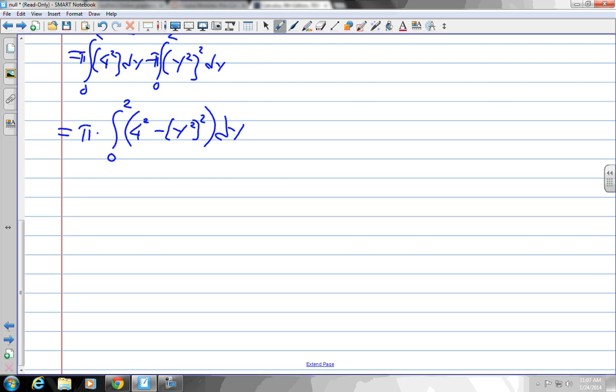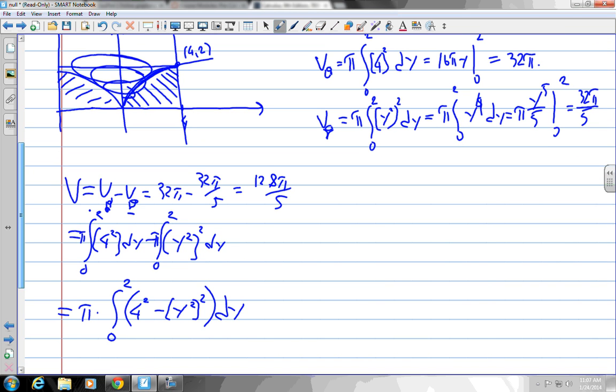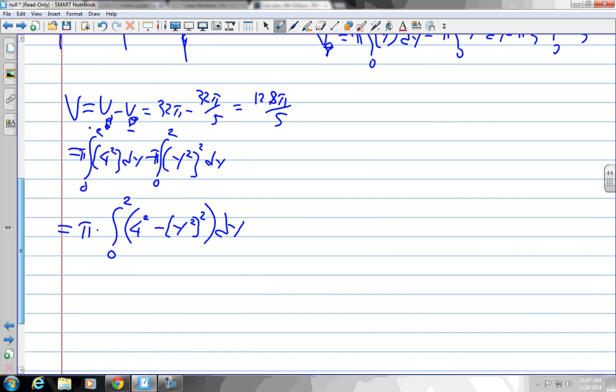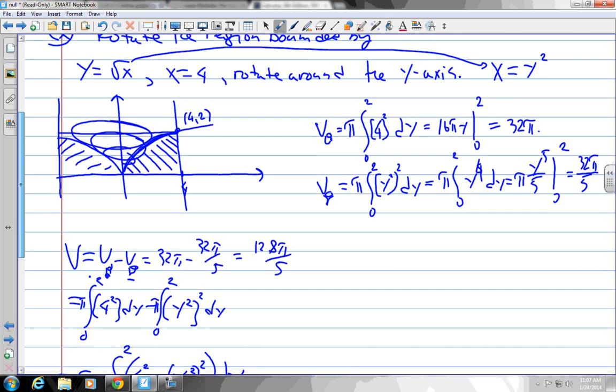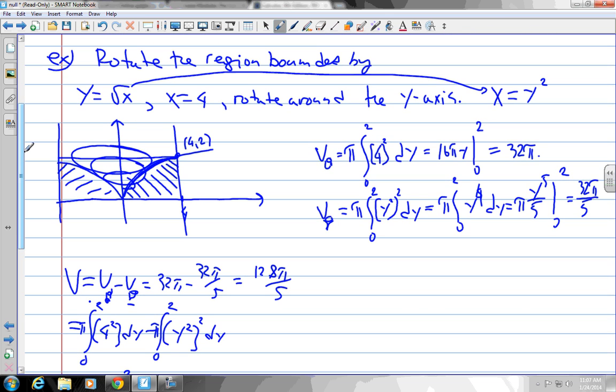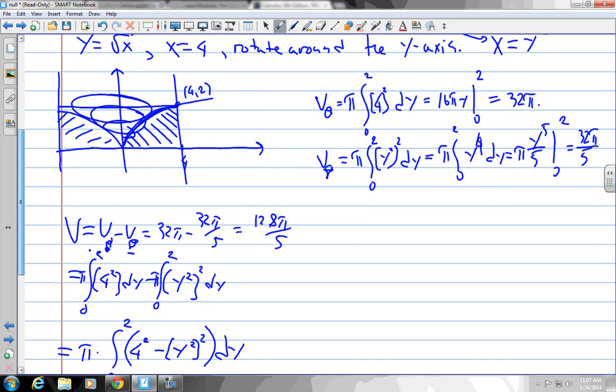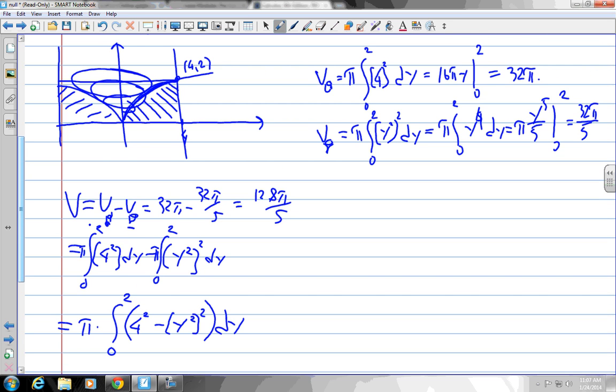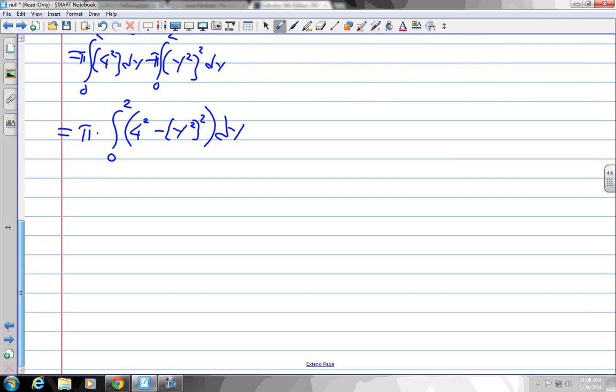Right? This is another way to look at this problem if I play with the integral. So actually, this is the formula for computing the rotations that are bounded by two curves. You'll just take the outer curve squared minus the lower curve squared, and then just plug it in. Because this is kind of counterintuitive, because it feels like you should be dealing just with the area between two curves squared. But that's not the case, just by looking at this example.